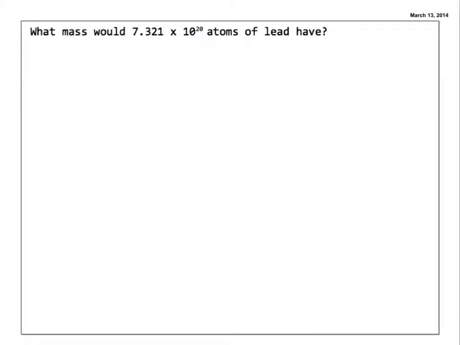What would the mass of 7.321 times 10 to the 20th atoms of lead be? So we want our answer to be in grams. We have the unit of atoms. It's a 2-step problem.